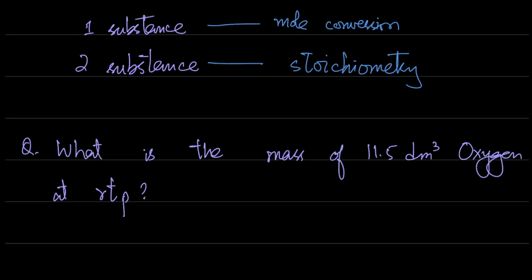And how do we solve it? We'll say that 1 mole is Mr grams, and in oxygen's case, that is 32. Why is it 32? Because oxygen will always be taken as O2, unless they say it is oxygen atoms. And what is the volume? 24 dm cube. It's a gas.